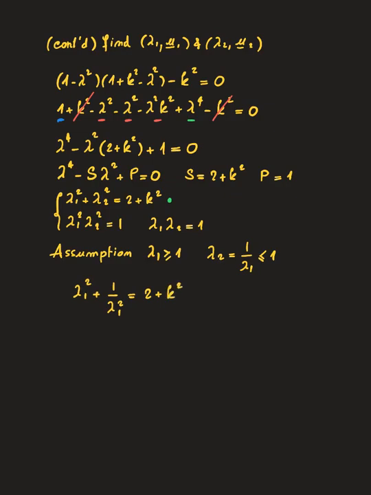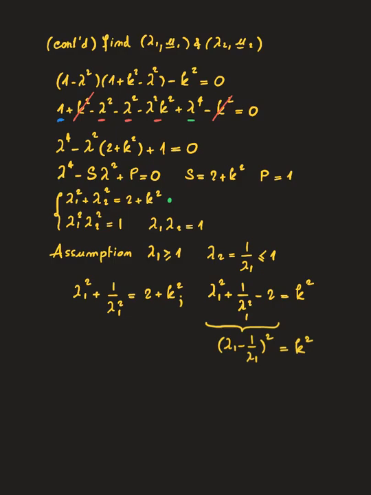Now, to simplify this expression, we can write that lambda 1 squared plus 1 over lambda 1 squared, and then minus 2 is equal to k squared. And I want you to notice that this left-hand side is nothing but (lambda 1 minus 1 over lambda 1) squared. So essentially, we were able to write this expression in this way, okay?